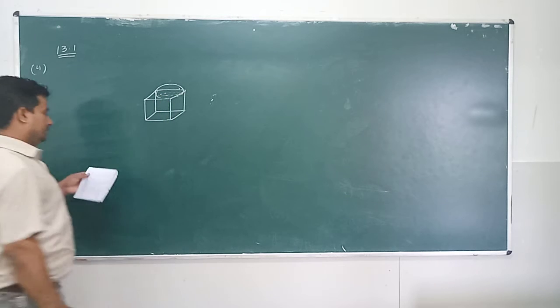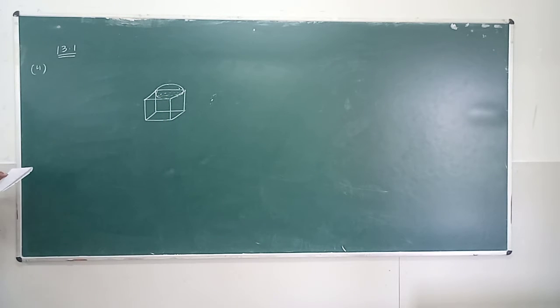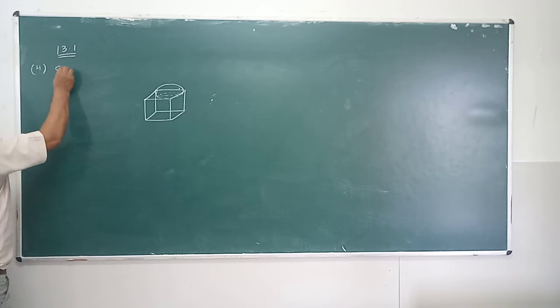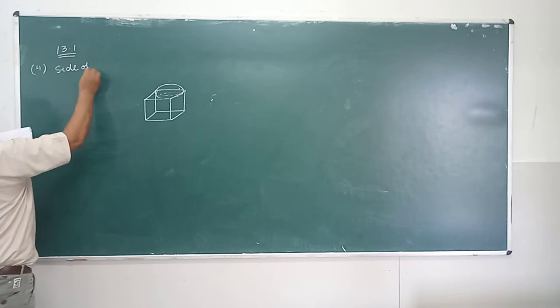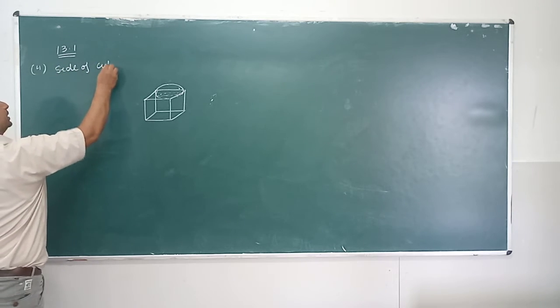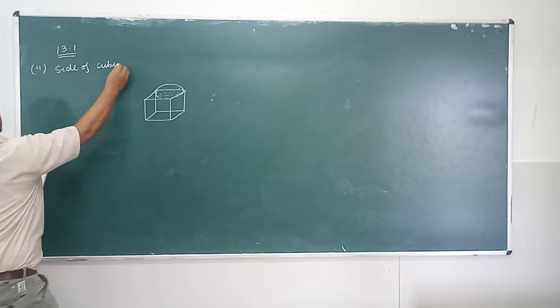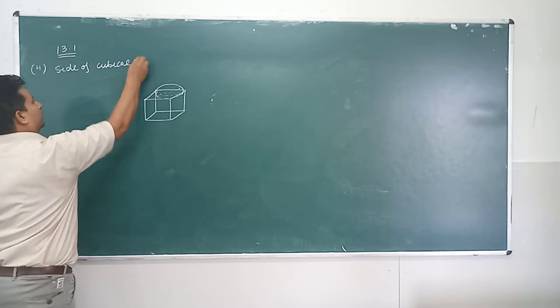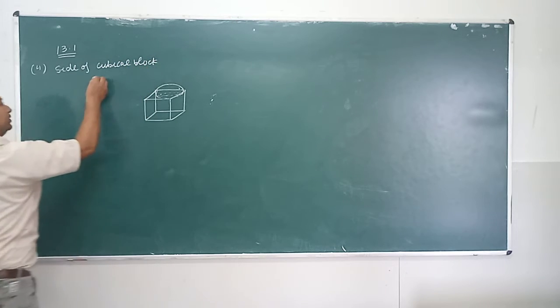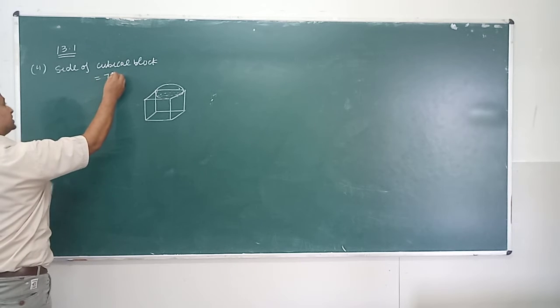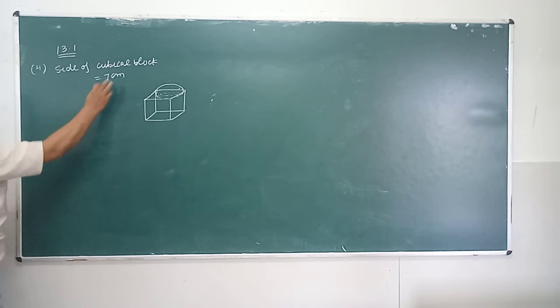And the question is, what is the greatest diameter the hemisphere can have? In this question, first consider the side of the cubical block, which is given as 7 centimeter.